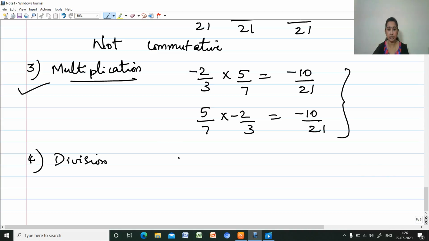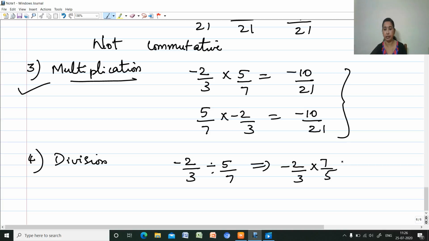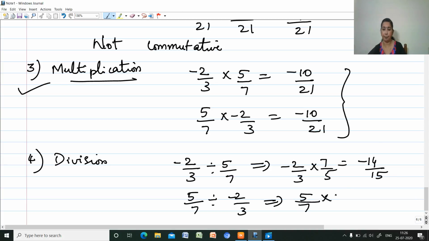In the case of division, minus 2 by 3 divided by 5 by 7 means minus 2 by 3 into 7 by 5, which is equal to minus 14 by 15. Then in the reverse order, that is b by a, 5 by 7 divided by minus 2 by 3, that is equal to 5 by 7 into minus 3 by 2, that is minus 15 by 14. Both are different. So in the case of division also, commutative law is not satisfied.